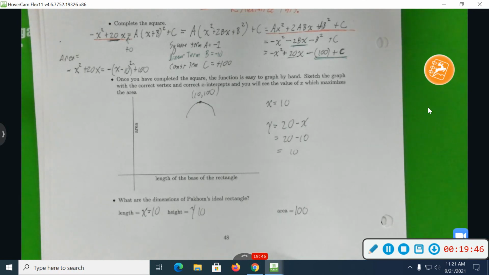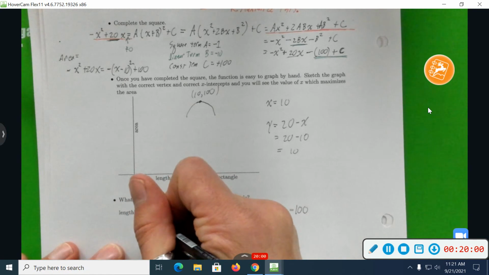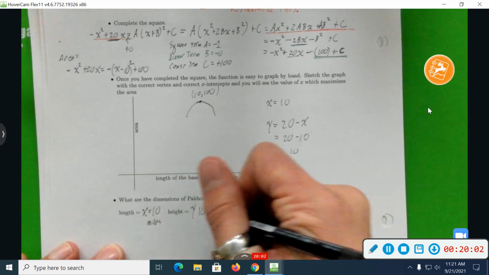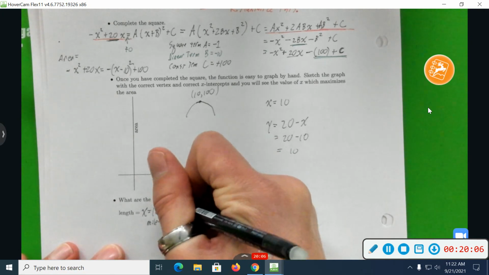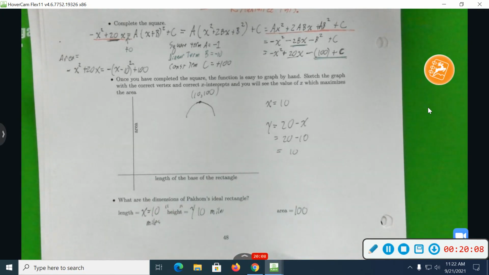Probably, if you want to actually give him informative information. So what units should be associated with the length? Miles. Because the original stuff was all in miles. We could convert to kilometers, but I think that would be a silly thing to do. The height, width, whatever, should be in miles. So what dimension should the area be in? Square miles.